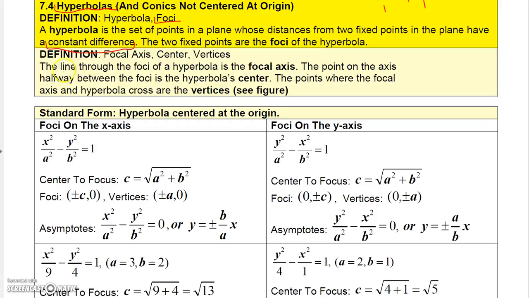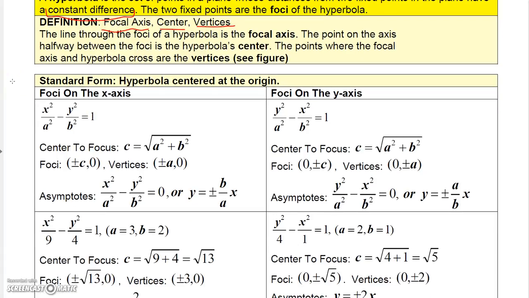Now, with a hyperbola, we need to talk about the focal axis, the center, and the vertices. Okay, so let's take a look at a couple centered at the origin. Now the difference in the formula, you'll notice, is a difference, pun intended there.